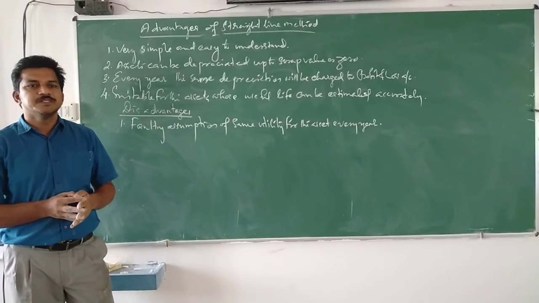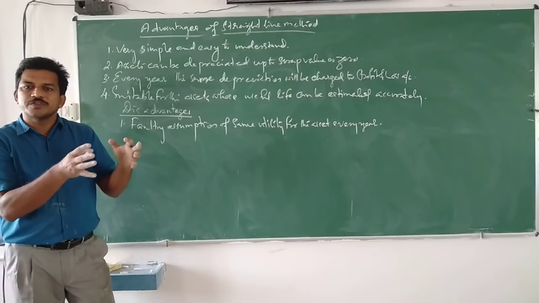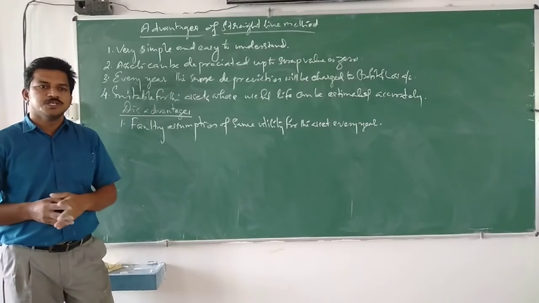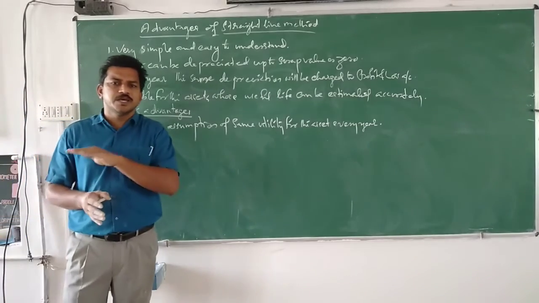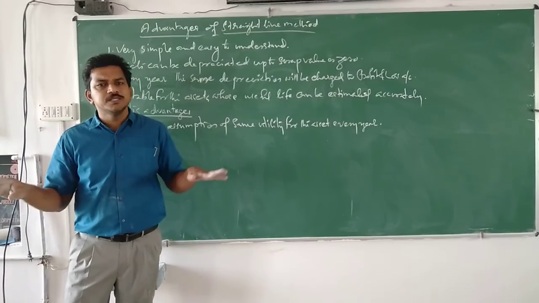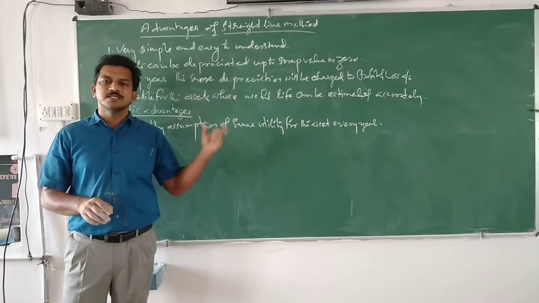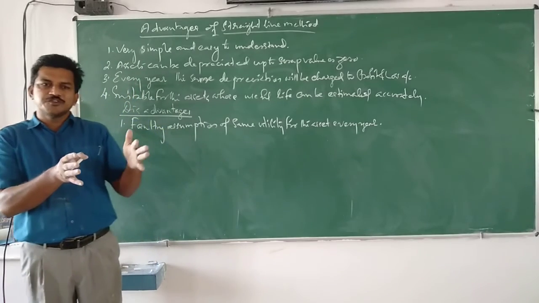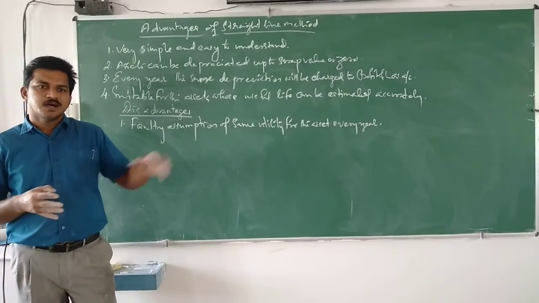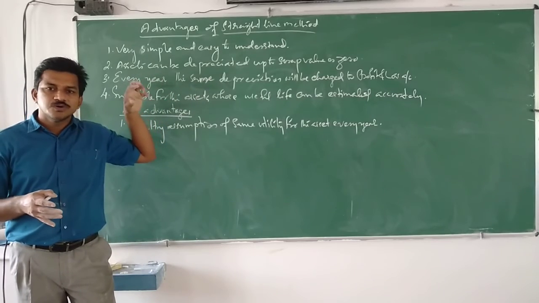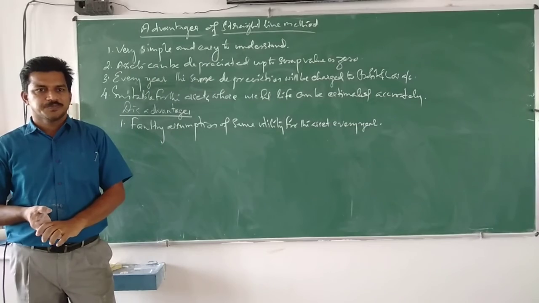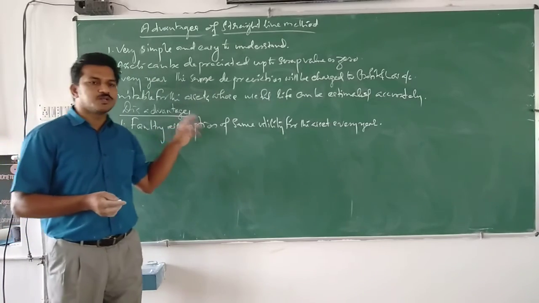So every year the efficiency of the asset may not be the same, and in that case this method is not suitable. When the capacity or efficiency decreases, accordingly we have to change the amount of depreciation. That is not considered here.